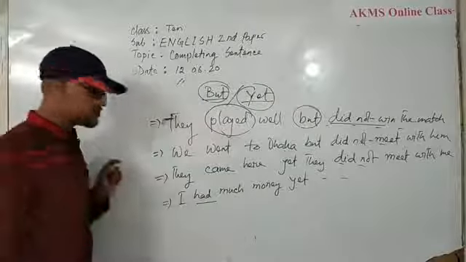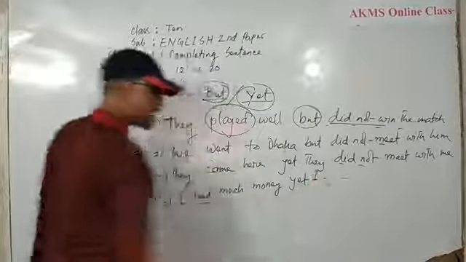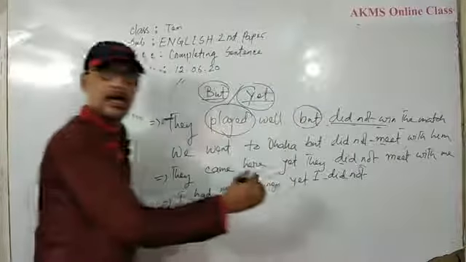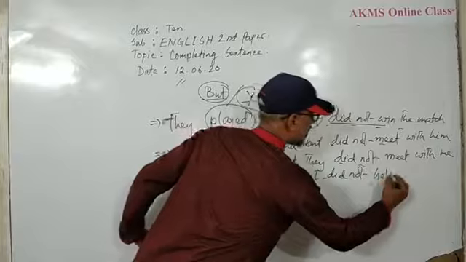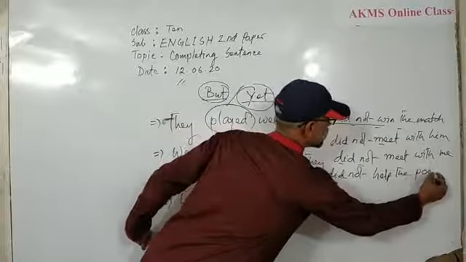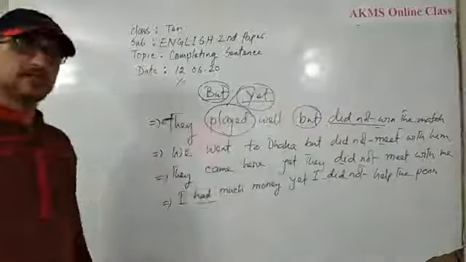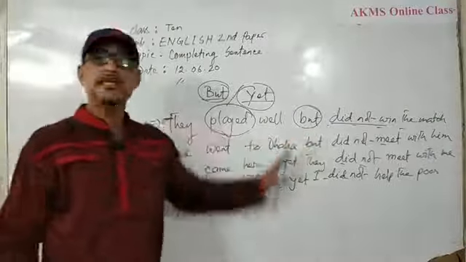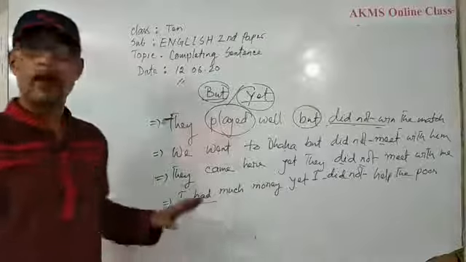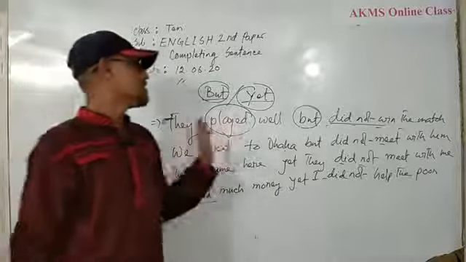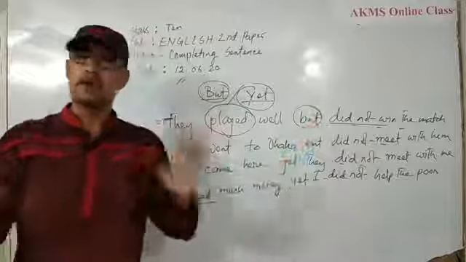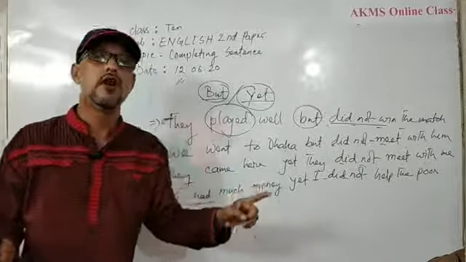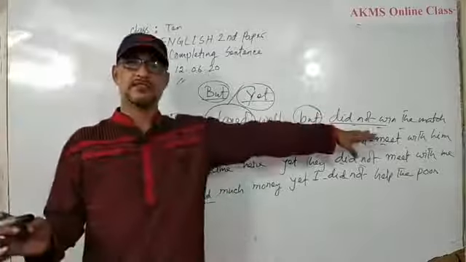Here it is past indefinite tense, yet I did not help the poor. Now, dears, but or yet always makes a compound sentence, and both the clauses should have opposite meaning, but both the clauses should follow the same tense.